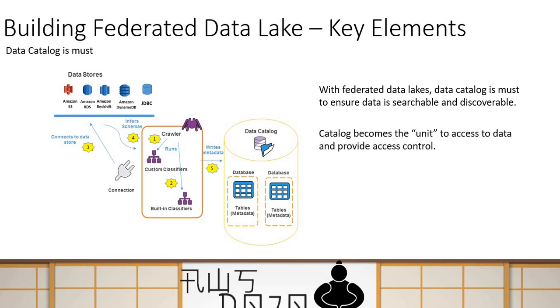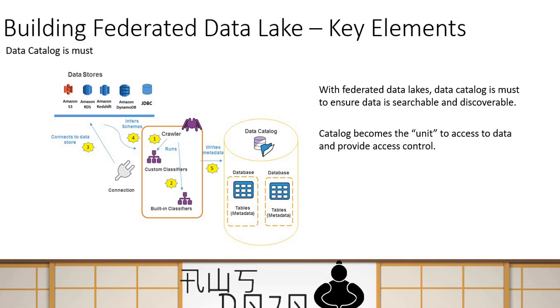Again, as I mentioned earlier, your unit of access in the data lake is the catalog. So you don't give access to actual data. You give access to the catalog to the users, and then that gives access to the actual data. So say, in the marketing department, I have my own data lake, but I suddenly need to get some data from the sales department, and I want to know the top 10 customers based on things sold to them.